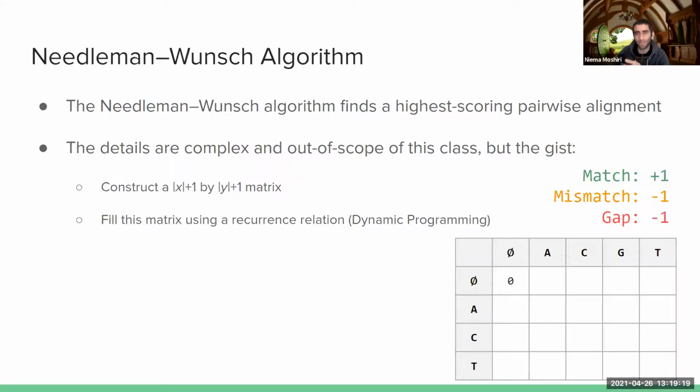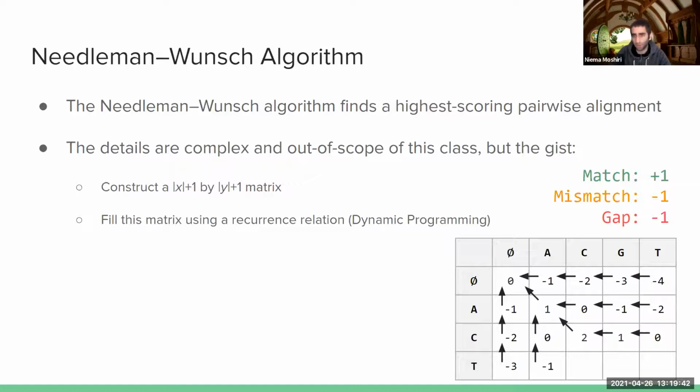But if you're interested, this technique is called dynamic programming. But again, this is covered in an advanced computer science course. So I'm just going to briefly skim over it. So using some recurrence relation that I'm not going to describe, you basically fill out this entire matrix slot by slot.